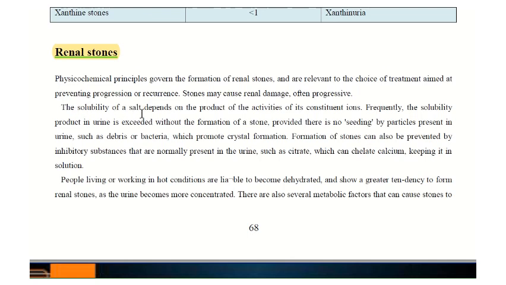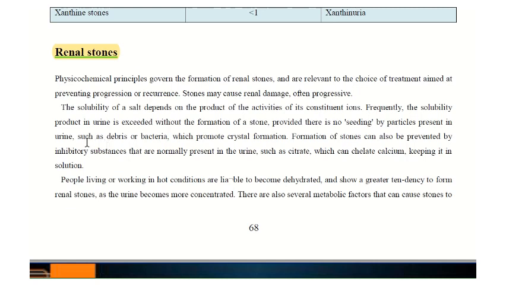The solubility of a salt depends on the product of the activities of its constituent ions. Frequently, the solubility product in urine is exceeded without the formation of a stone, provided there is no seeding by particles present in urine, such as debris or bacteria, which promotes crystal formation.